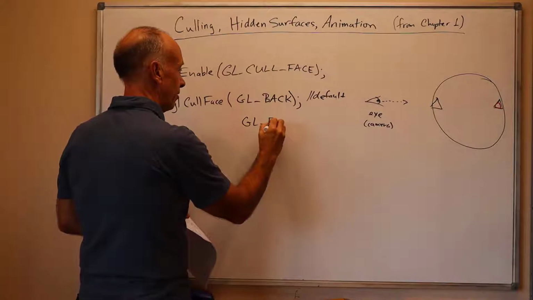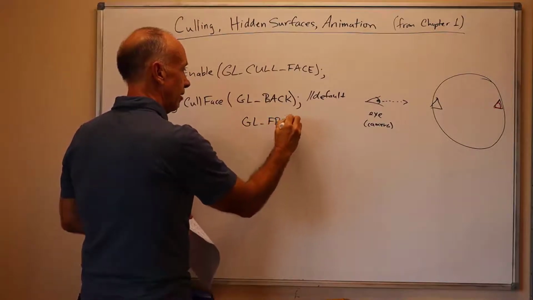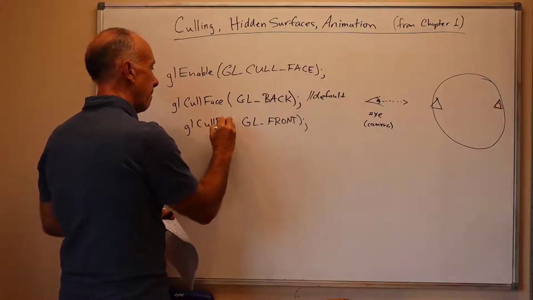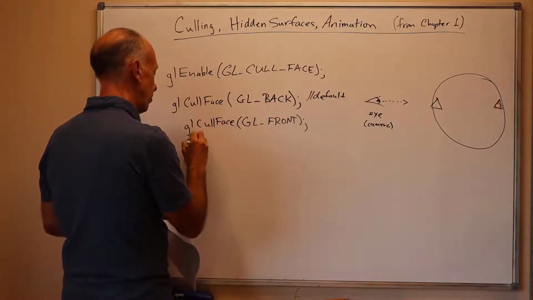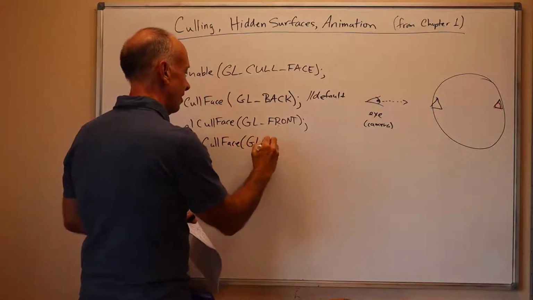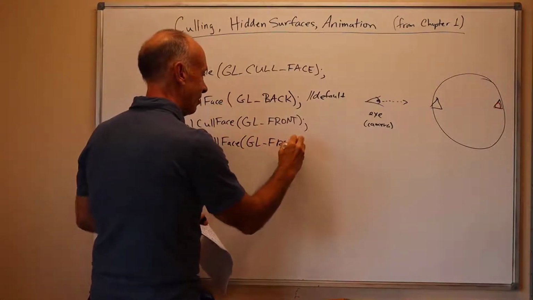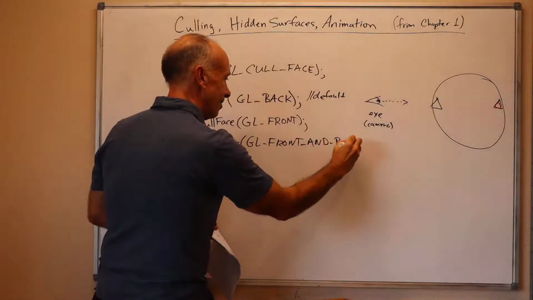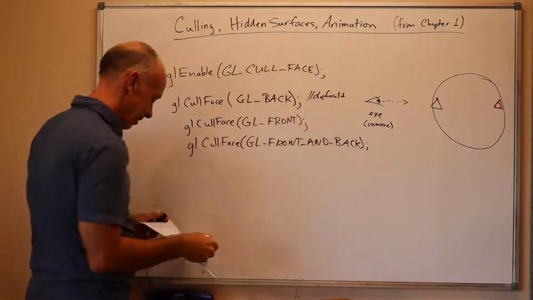You can also do glCullFace(GL_FRONT), or glCullFace(GL_FRONT_AND_BACK) if you just want to cull all the triangles. Okay.